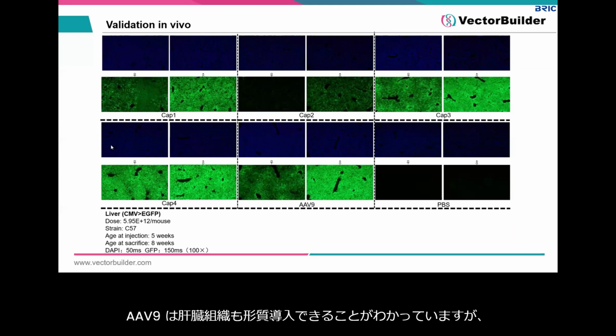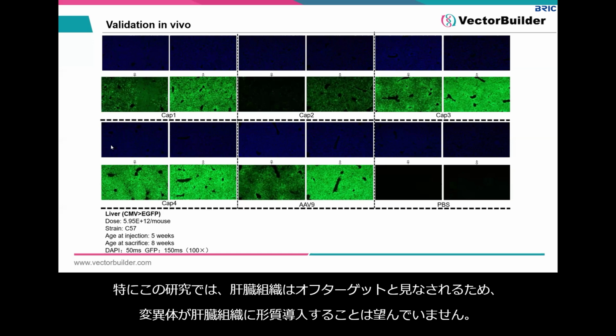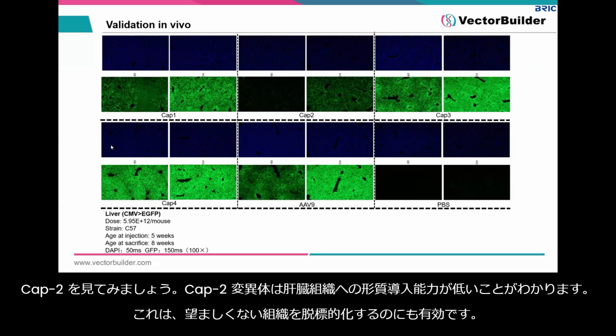As we know, the AAV9 is capable of transducing the liver tissues as well. But in this study in particular, we actually don't want the mutants to be that powerful in transducing the liver tissues, because these are considered off targets. So let's look at CAP2.